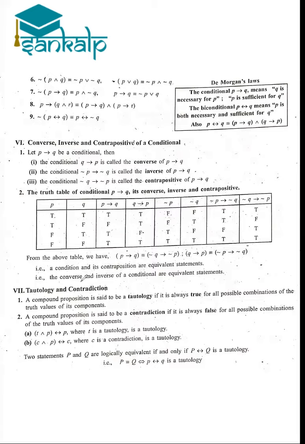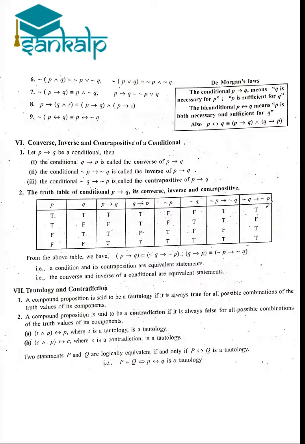Next, tautology and contradiction. A compound proposition is said to be a tautology if it is always true for all possible combinations of the truth values of its components. A compound proposition is said to be a contradiction if it is always false. If the final answer is always true, then it is a tautology.